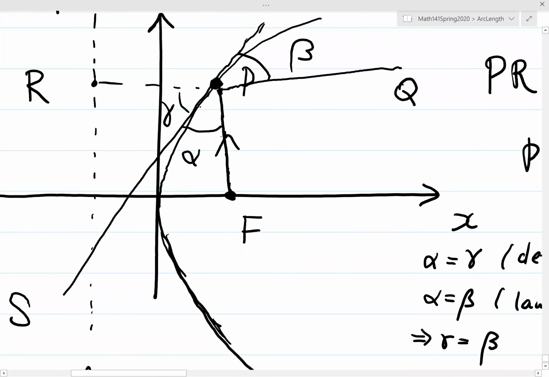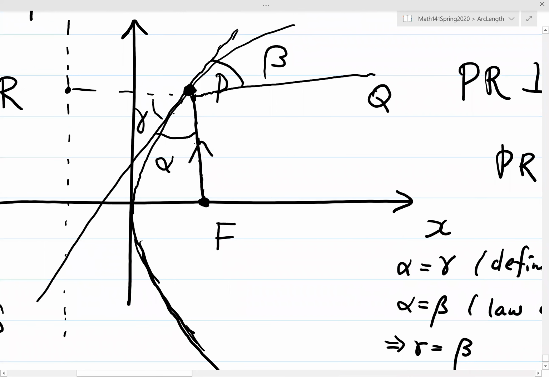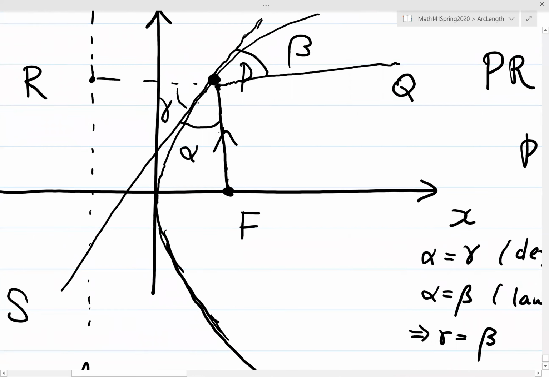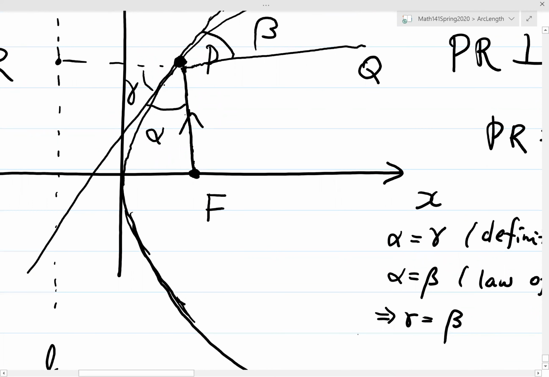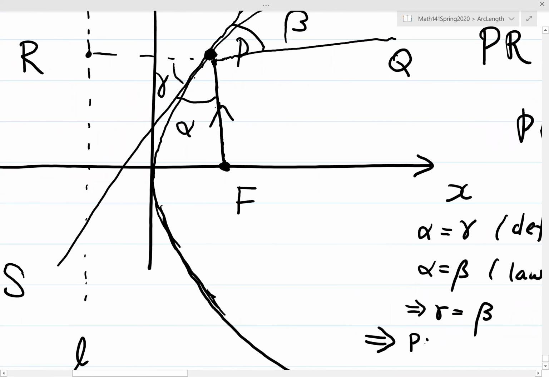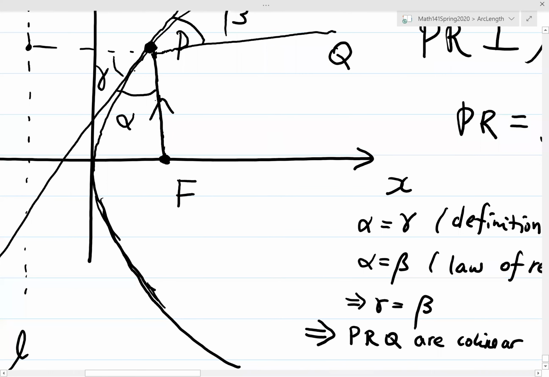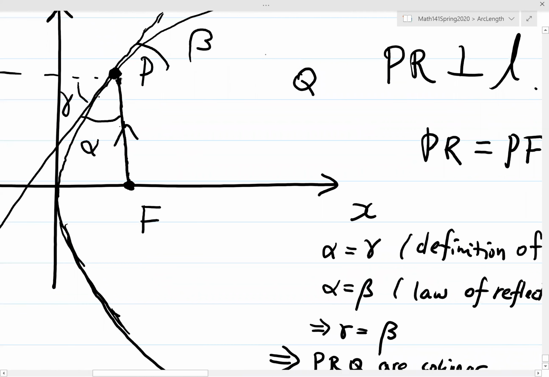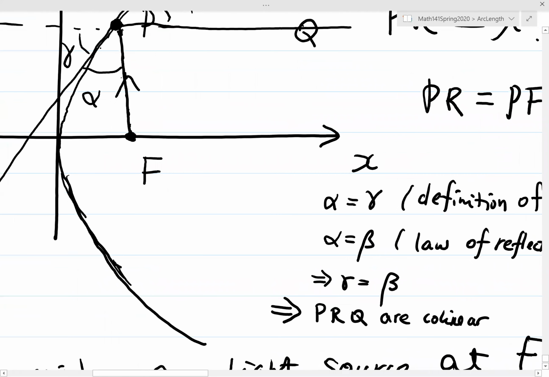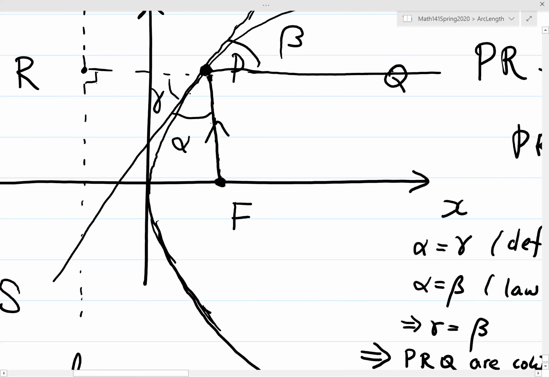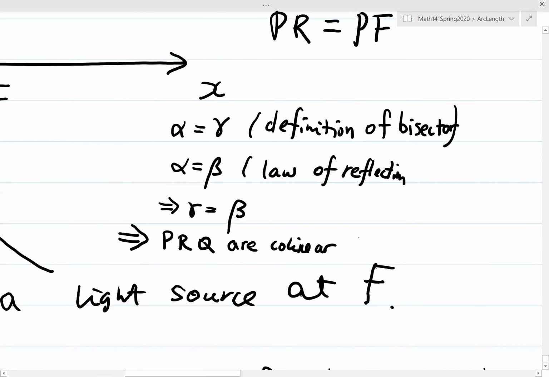This means PQ and PR are collinear, i.e. the line PQ is horizontal, because here PR is perpendicular to the vertical thing. So PQ is horizontal.